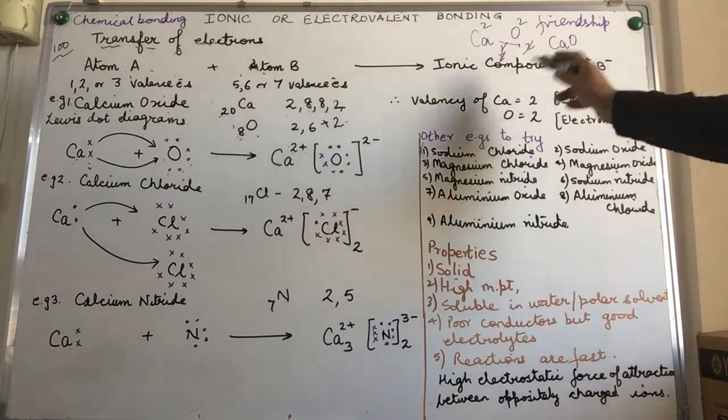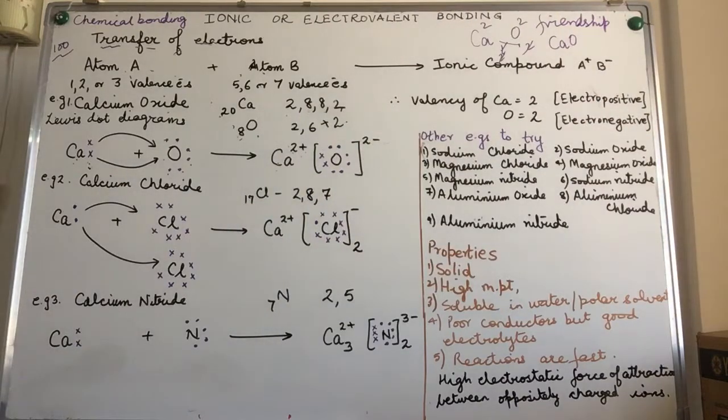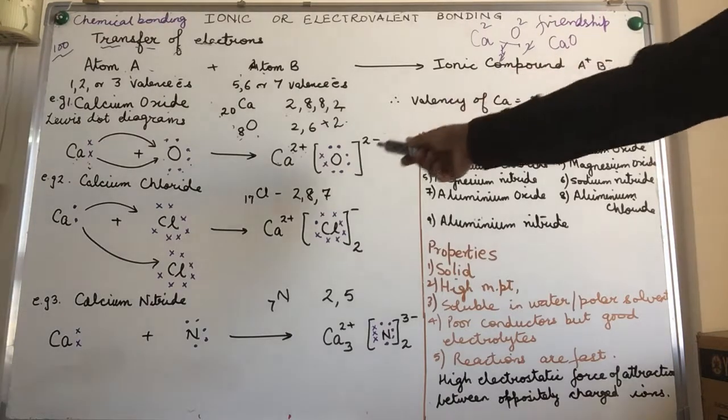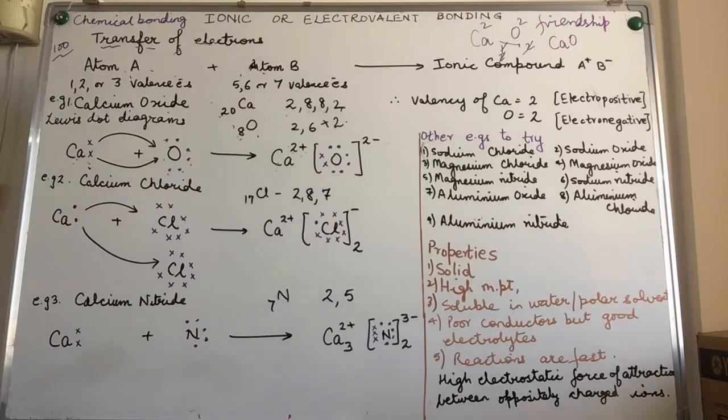Calcium has lost electrons and acquired a positive charge, so it becomes an electropositive radical or ion. Oxygen, on the other hand, has gained 2 electrons, so it becomes an electronegative ion or radical.